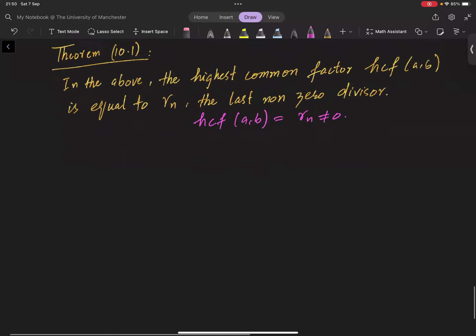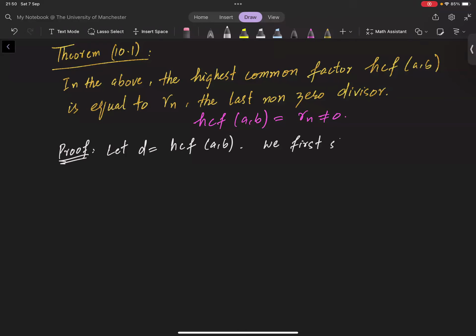Right. We can prove this theorem because we have already given you the sketch and now we will prove it. So let D be the HCF of A comma B. We first show that D divides Rn by arguing from equation 1 on downwards.